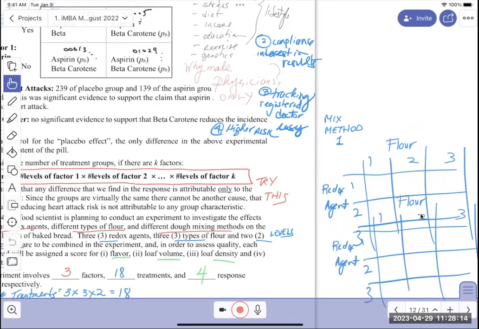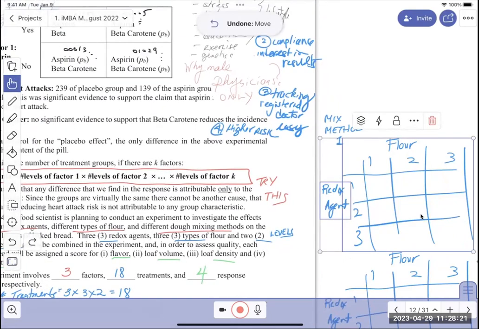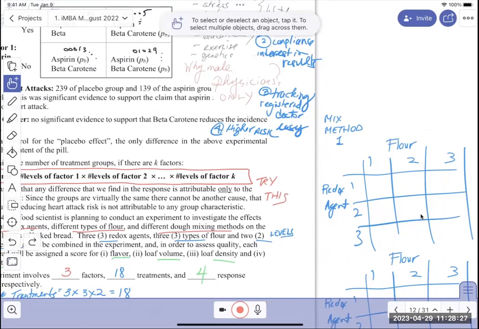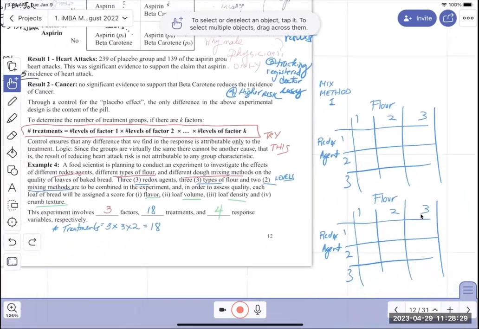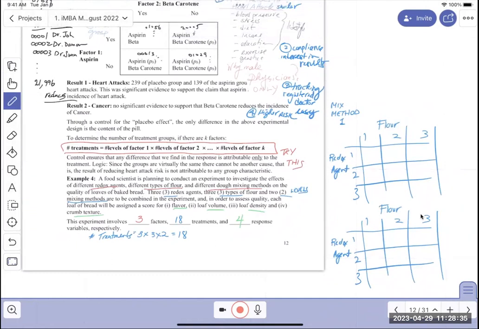So it's 9 and then 9 more. I'm hoping I can do this. And here you see your 9, but this is method 2 here. So it could be a cube if you had 3 by 3 by 3. Got it?